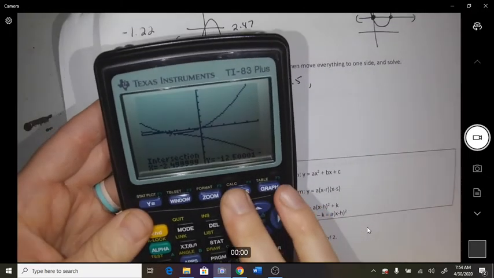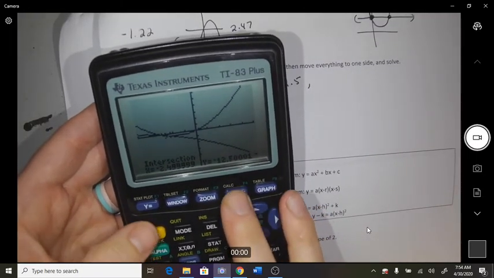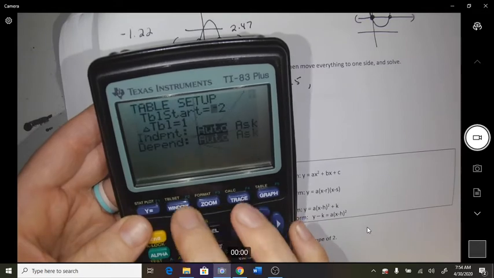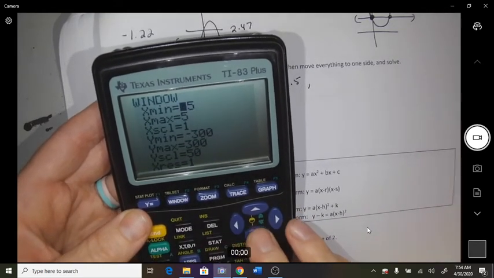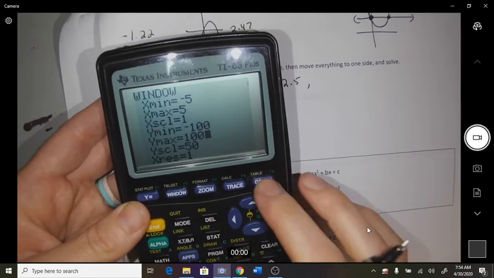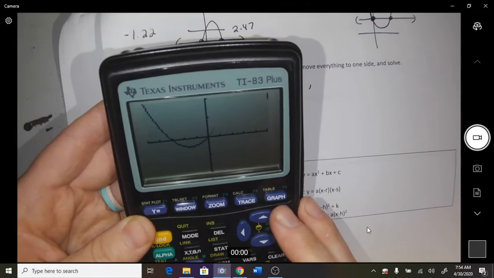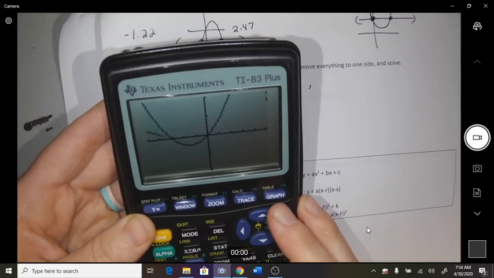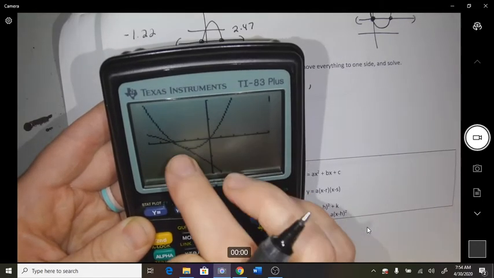Nope, it's still the same one. Change our window here. Let's see. It's hard to see. Maybe they do only cross in one spot.